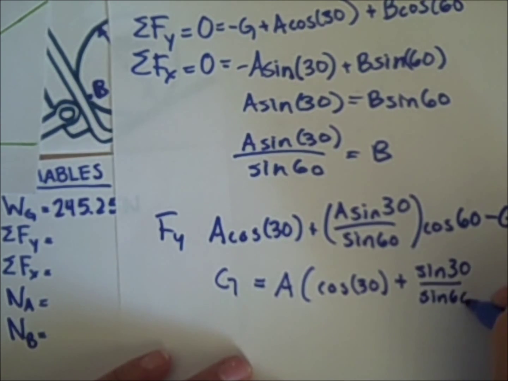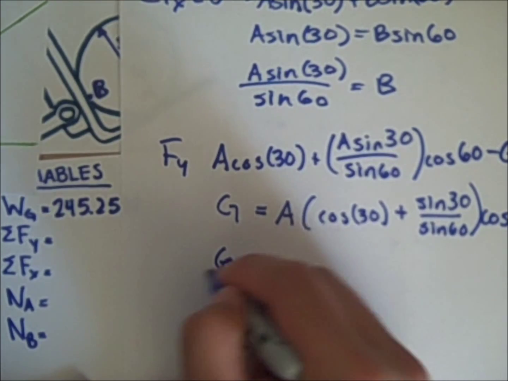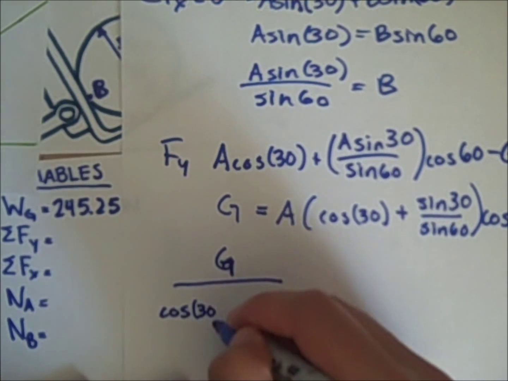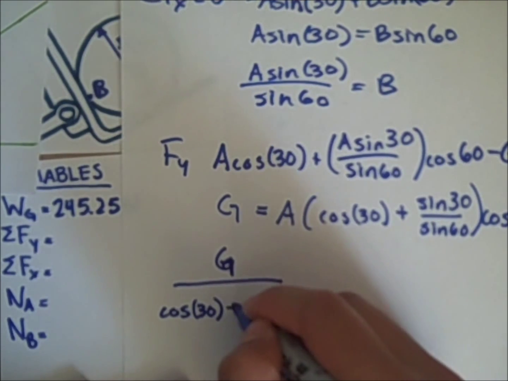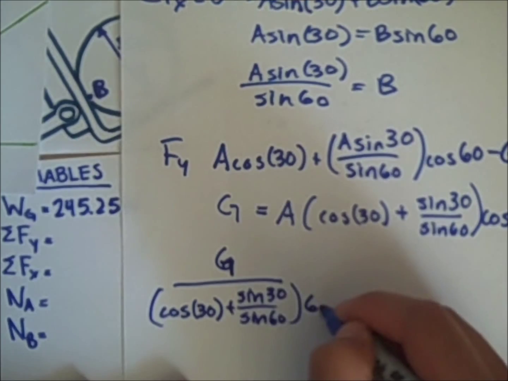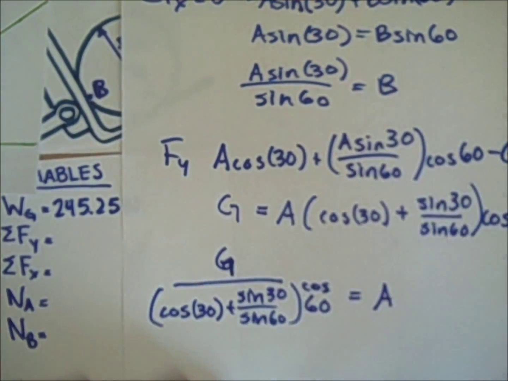So we have G equals A times cosine 30 plus sine 30 over sine 60 times cosine 60, which equals A.